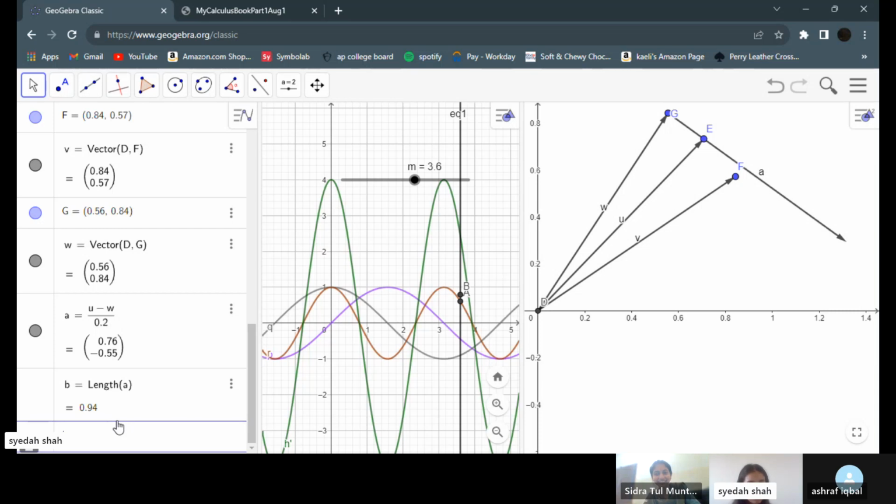Because we only found the velocity between the two vectors u and w. I don't know actually.